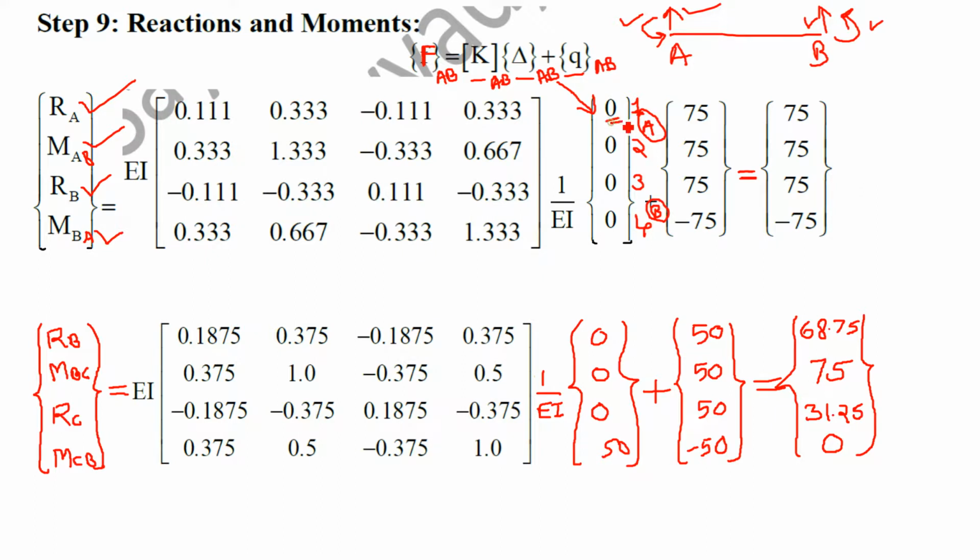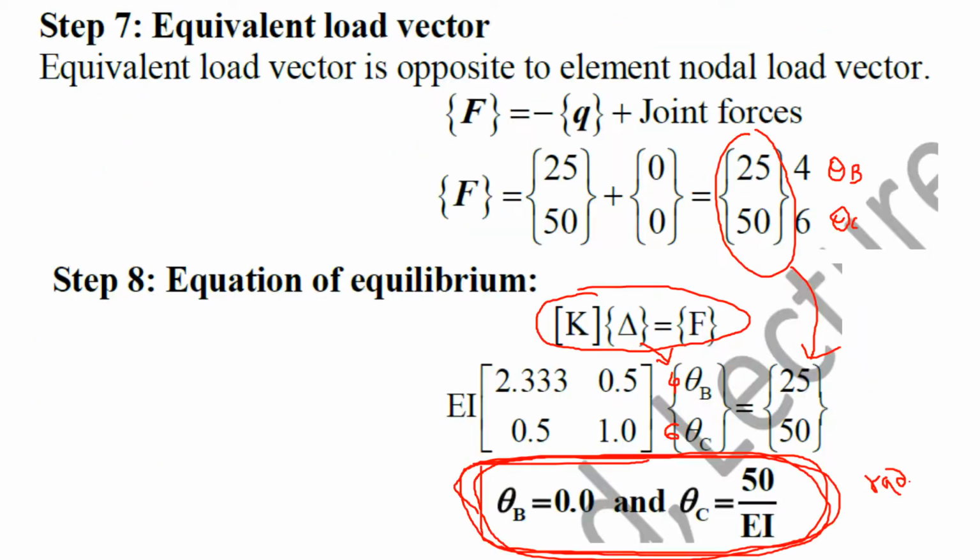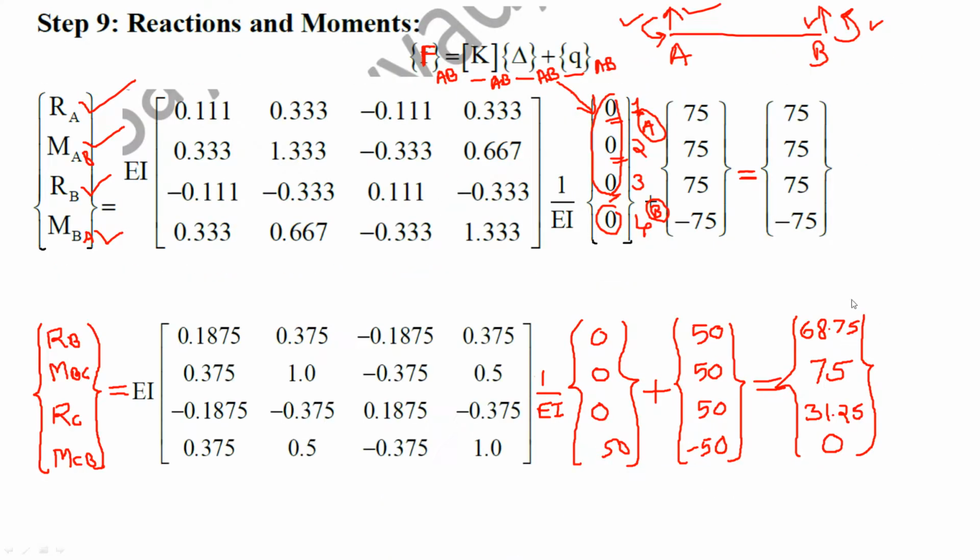Because of boundary conditions, those are 0. 1 and 2 are 0 because of the fixed support and 3 is 0 because of the roller support. And 4 is equal to 0 by calculation, since we got theta b equal to 0 in the previous step. Theta b is represented by 4 and theta c by 6. So 1, 2, 3, 4 are all 0.